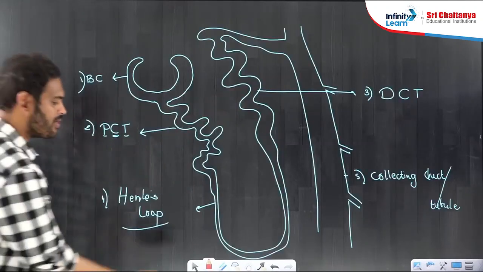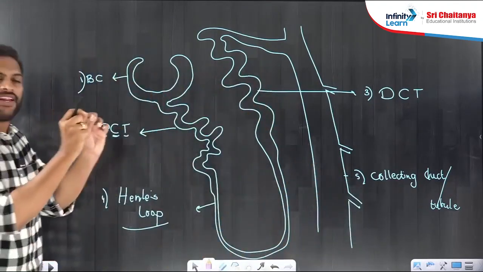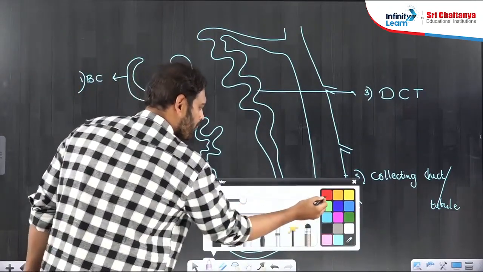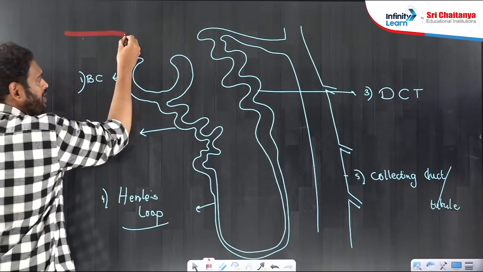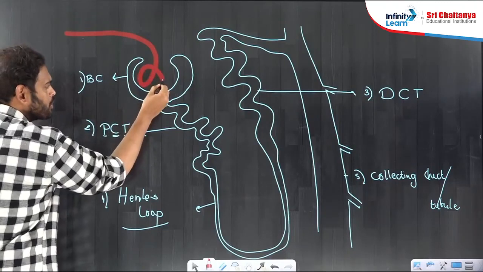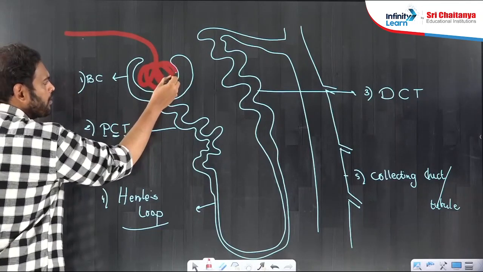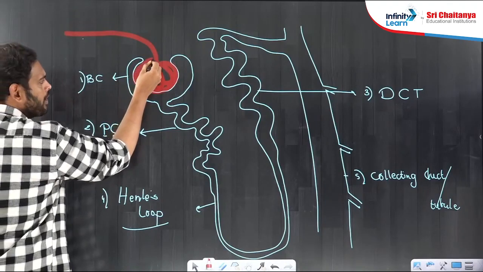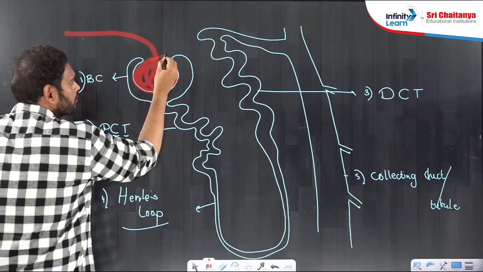See this carefully, guys. So, renal arterioles, observe thickness. Renal arteriole enters into Bowman's capsule, gets into many branches, will form a network-like structure, and finally it exits out.